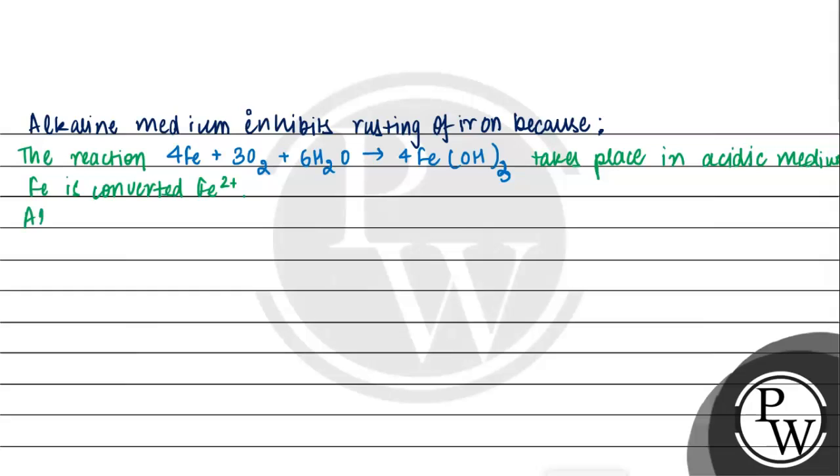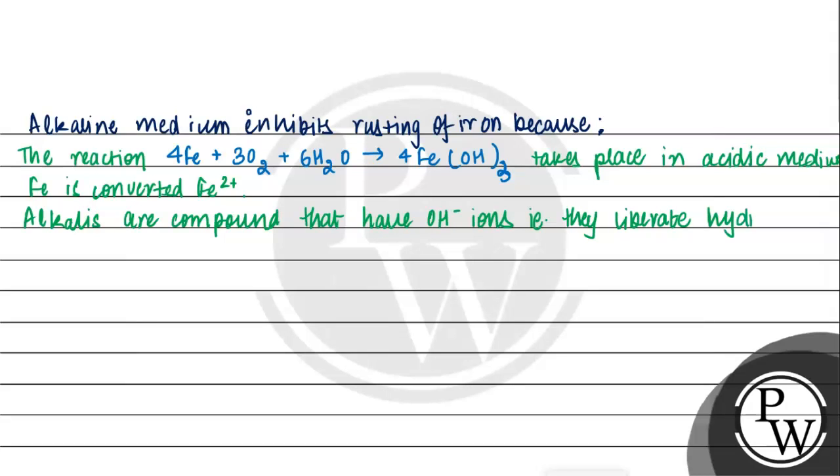We know that alkalis are compounds that have OH- ions, that is, they liberate hydroxide ions. ठीक है?